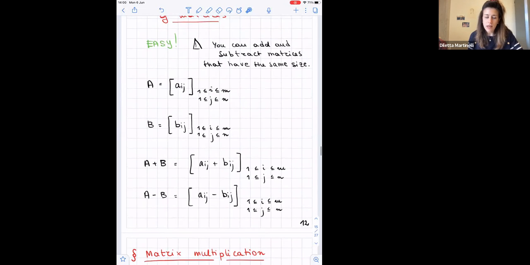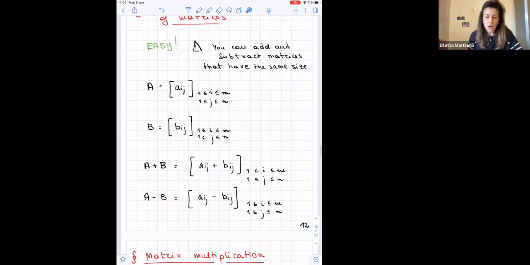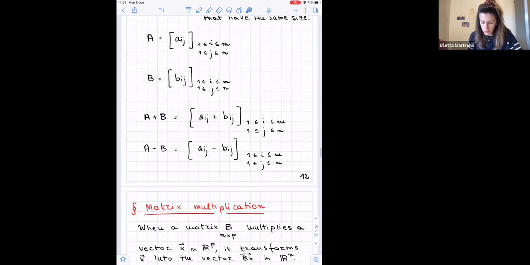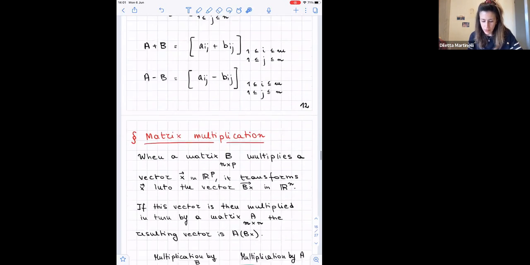Remember at the beginning, we said that when we multiply a matrix by a vector, we are operating on this vector and we obtain a new vector. So we could consider a matrix as associated to a transformation going from a set of vectors to another set of vectors. This is the setup we are recalling now.